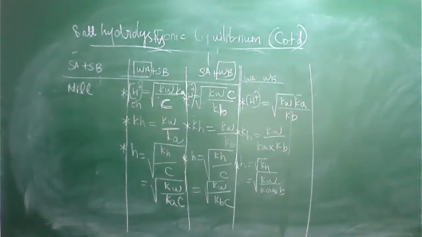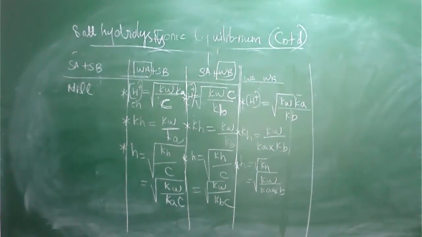We need the last formula, weak acid weak base. If you are able to derive the formula, then you can derive. Otherwise it is not needed now, okay, because we derived two, weak acid strong base and strong acid weak base.